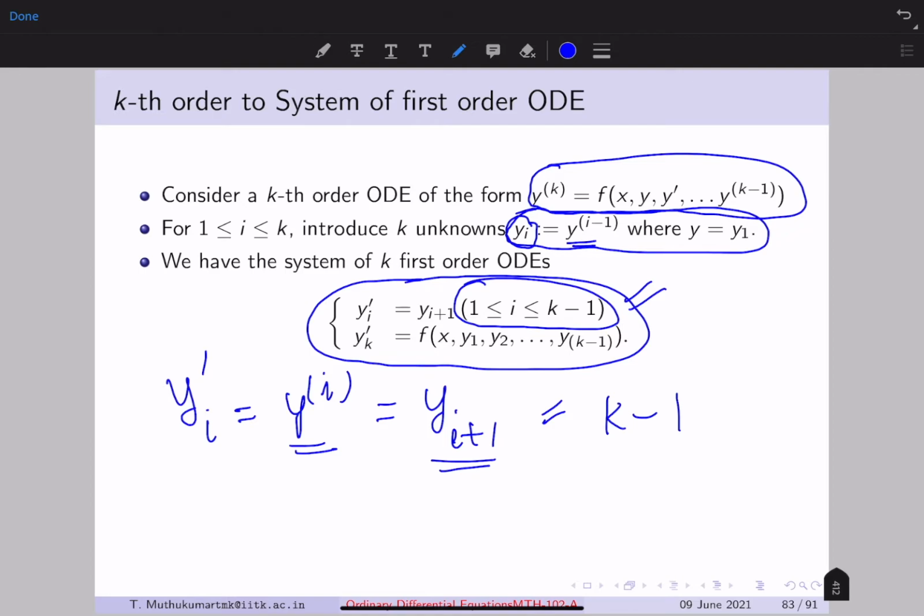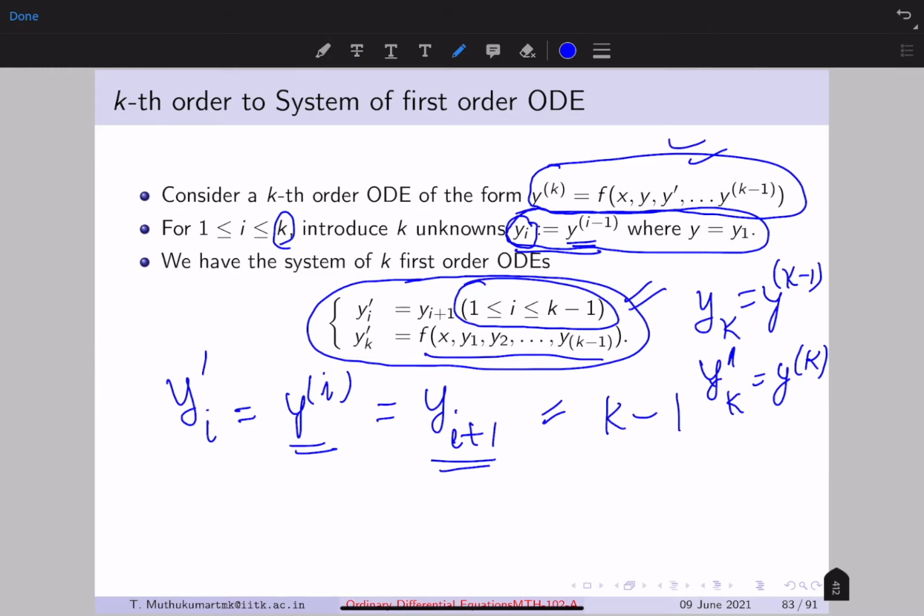What is the yk derivative? If you notice, for i equal to k, the yk derivative is the kth derivative of y, which is given here as f of this, and that's what we have written here, right?